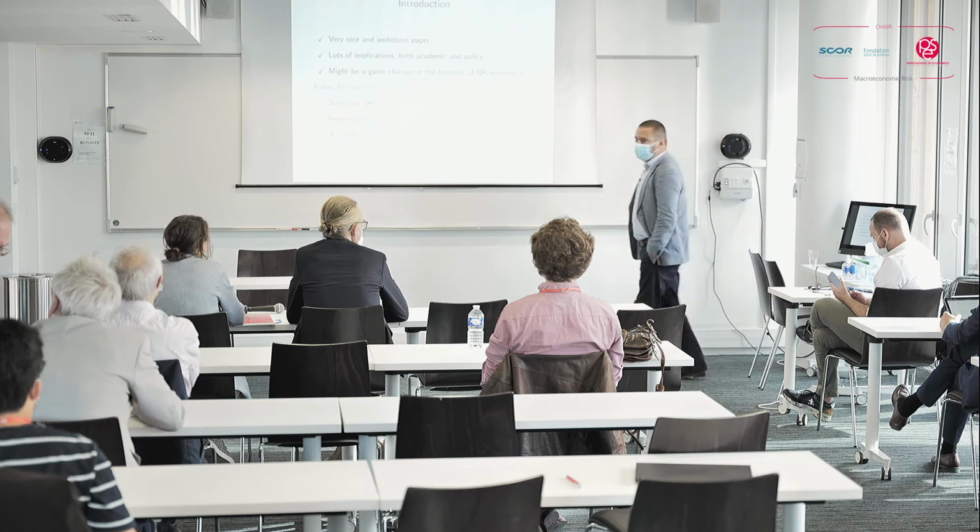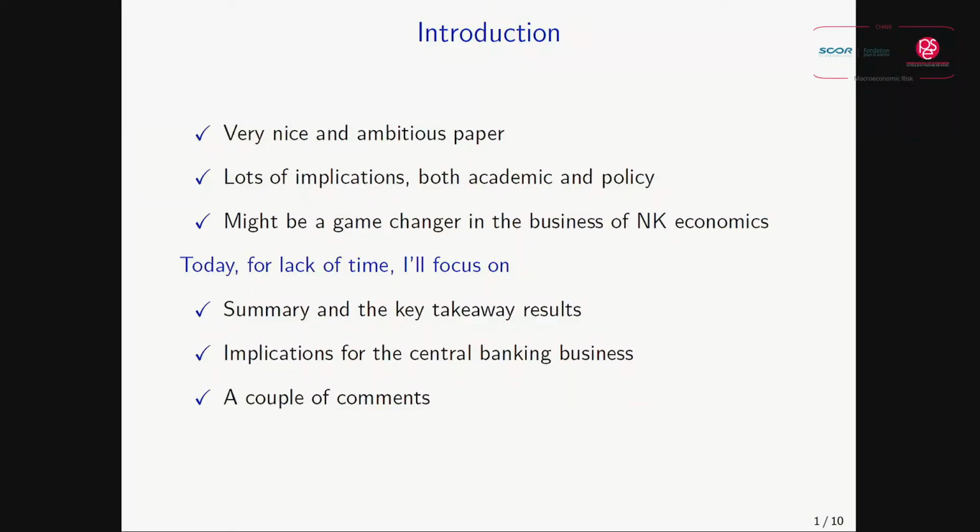Okay, so to begin with, the paper is very nice, and I think it's a very ambitious paper. Lots of implications, both academic and policy. And my guess is that it might be a game changer for people involved in the business of New Keynesian economics.